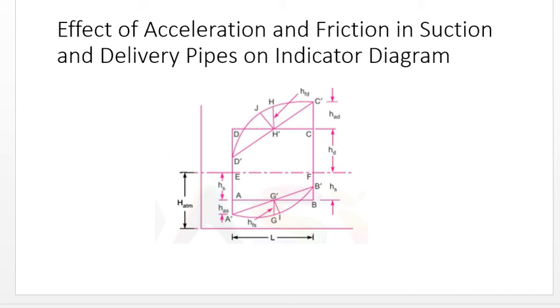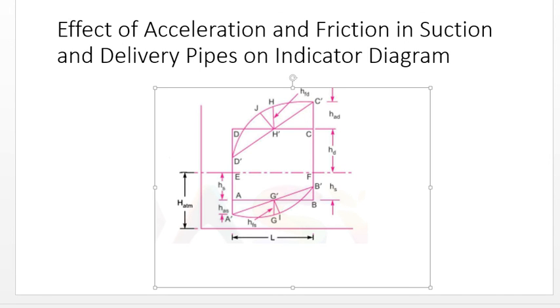This value will remain above this atmospheric pressure head line. So this indicator diagram shows the combined effect of acceleration and friction on the indicator diagram.